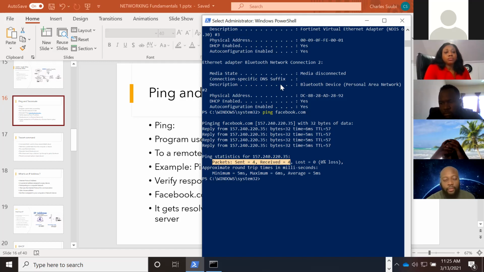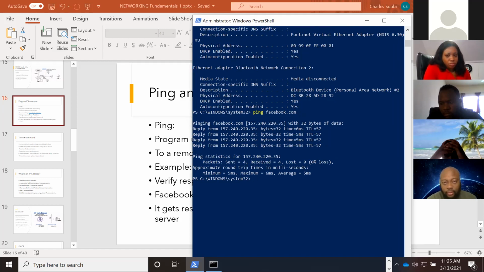But ping is a command. Which protocol does ping use when it's communicating to other servers? Guys, we talked about it today. Which protocol does ping use? Domain name? No. IP address? Is it TCP? No. ICMP, Internet Control Message Protocol.